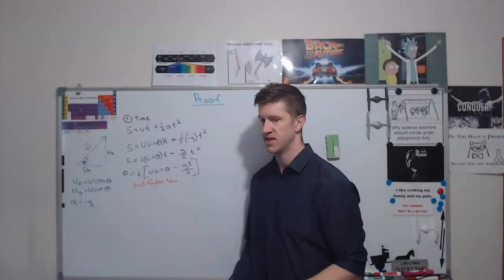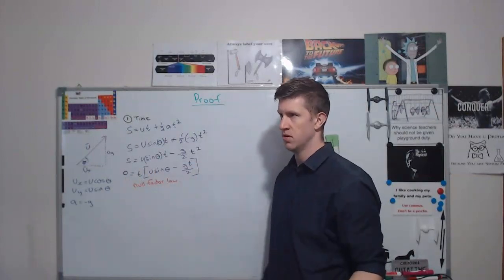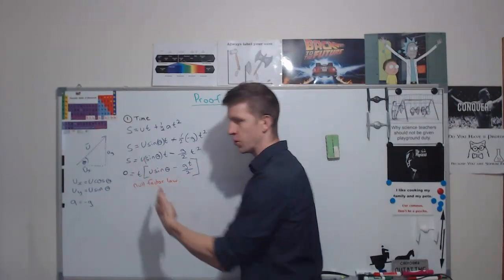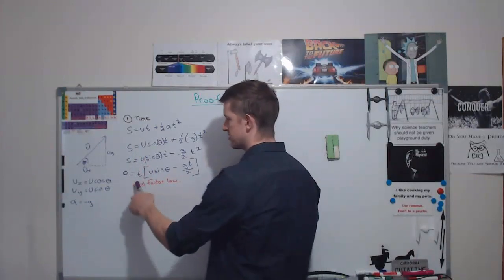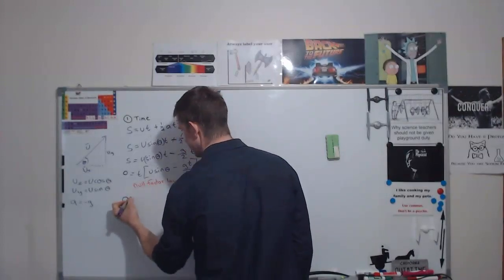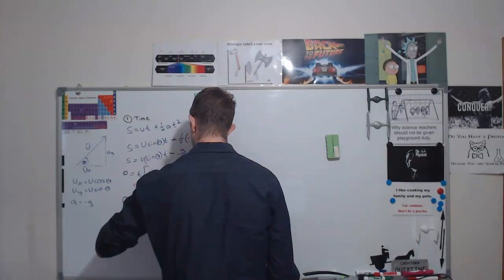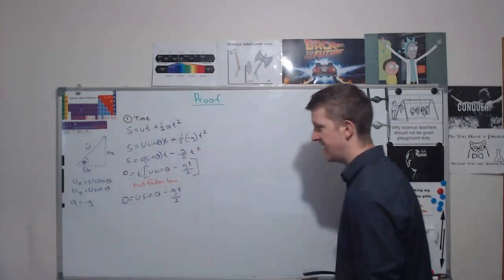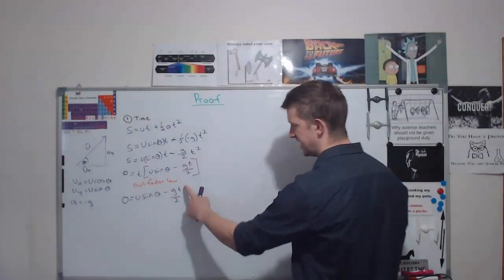T equals 0 is not particularly useful because it's just like saying you're going to be on the ground before you've even fired the rocket. Well, of course you are. So that's useless. If I consider the other half, however, I get 0 equals u sine theta minus gt over 2. And now, remember, I'm trying to find time.